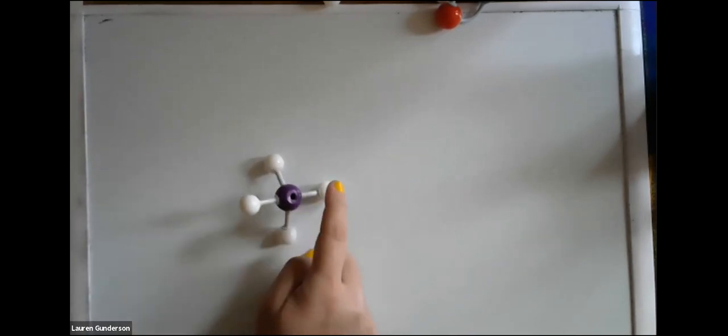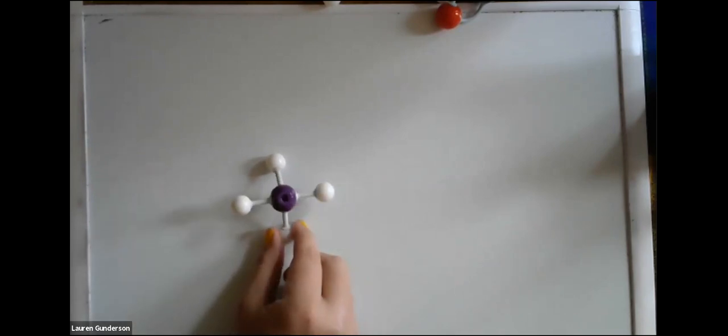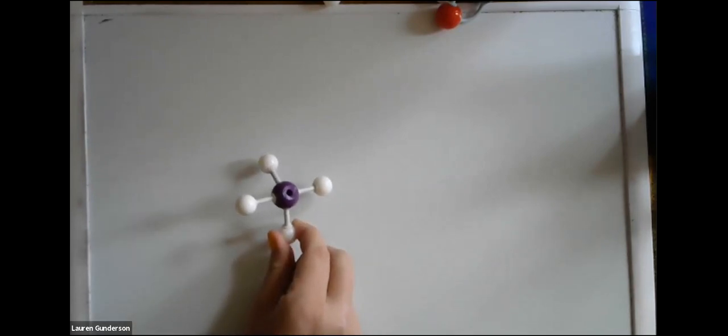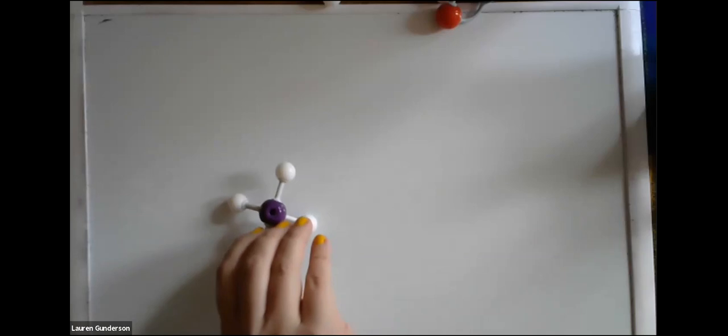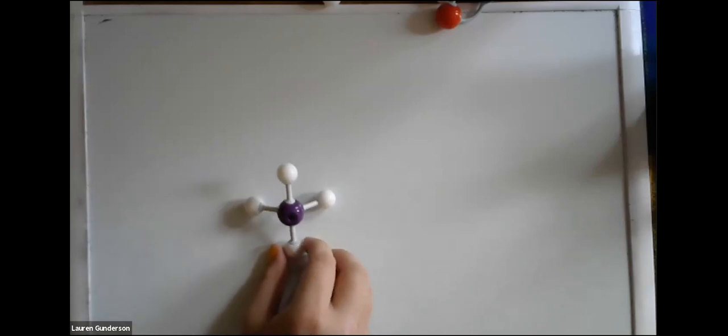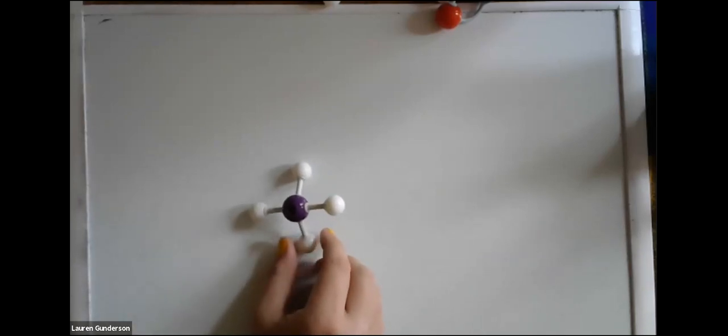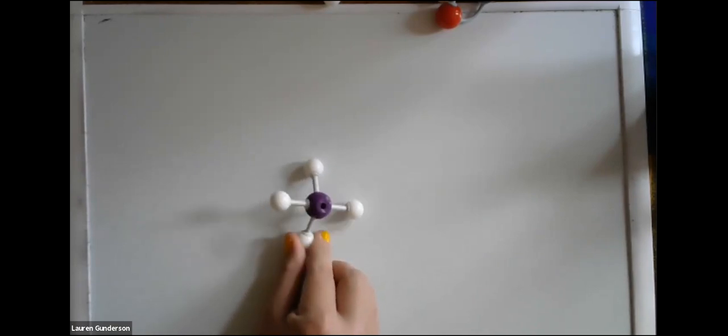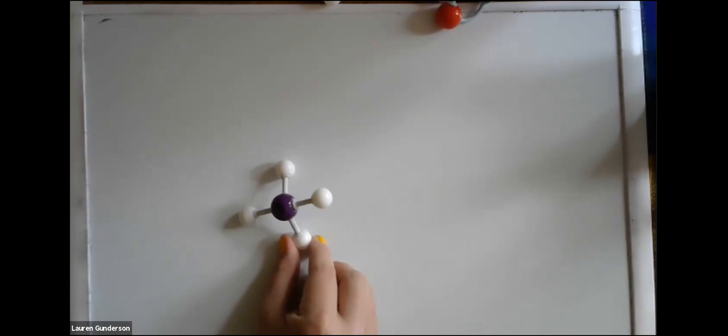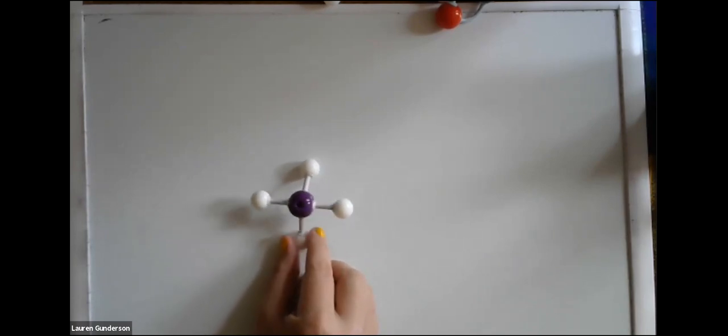So now we have two bonding pairs, one lone pair, and this is where you get the name seesaw, because you see what happens, this kind of looks like it could be a seesaw. That's where the name comes from for the shape.